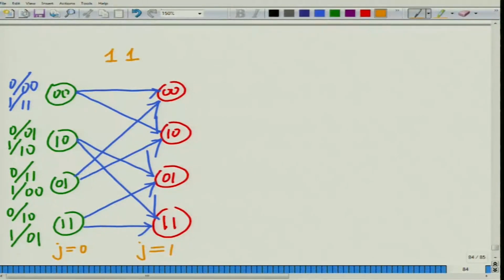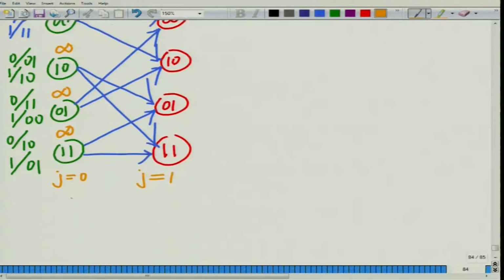Now you see at time j equal to 0, we assume that we are starting from the state 0 0. So on each state I am going to write the d min. The d min of the state 0 0 is 0. For all the other states I am going to set the d min as infinity.